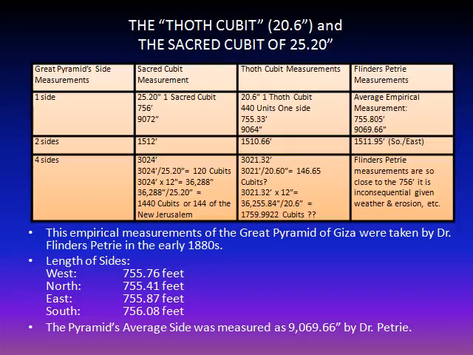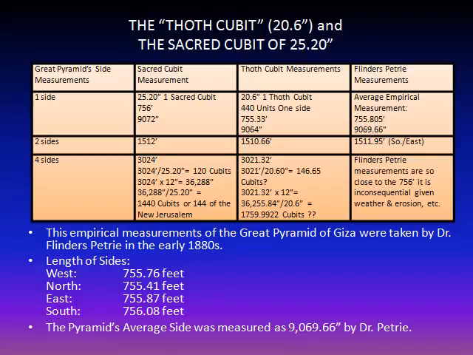If you were to take the 3,021.32 linear feet of the 12th cubit and multiply it by 12 inches, of course, you're going to come to 36,255.84 inches. Divided by the 12th cubit itself, you get 20.6 and a miscellaneous number of 1,759.9922.